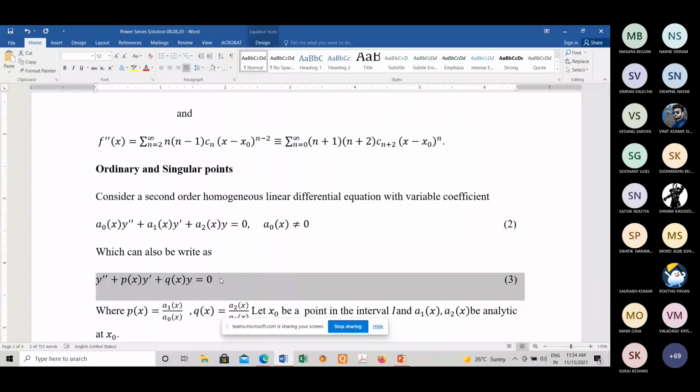So an ordinary point is not of the function. An ordinary point is of the differential equation.